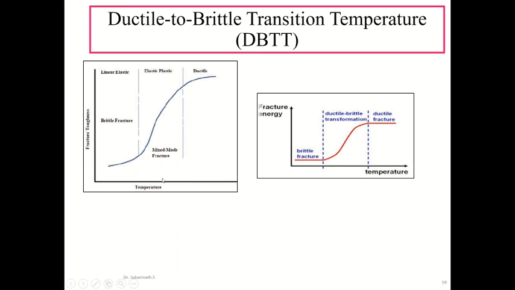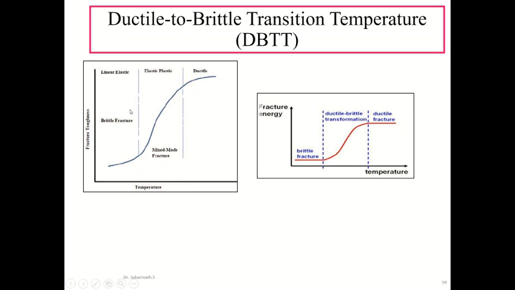Here we can see the fracture modes at different temperatures. At a high temperature, the material behaves in a ductile fracture mode, and in the transition region, the material will have an elastic plastic fracture mode in this ductile to brittle transformation region.